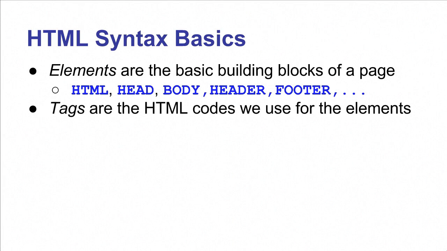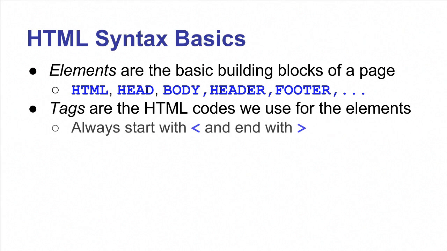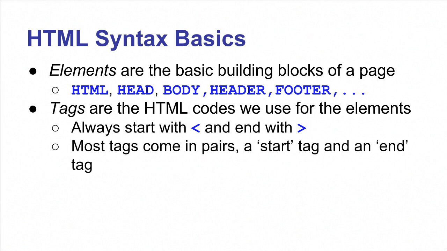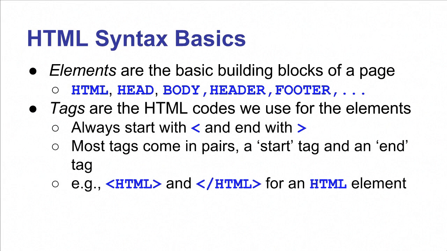Each element is written using tags, which always include the element name and are enclosed in angle brackets. Most tags appear in pairs, with one tag indicating the start of an element and another tag used to close it. For example, the HTML element starts with an HTML tag and ends with an HTML end tag.